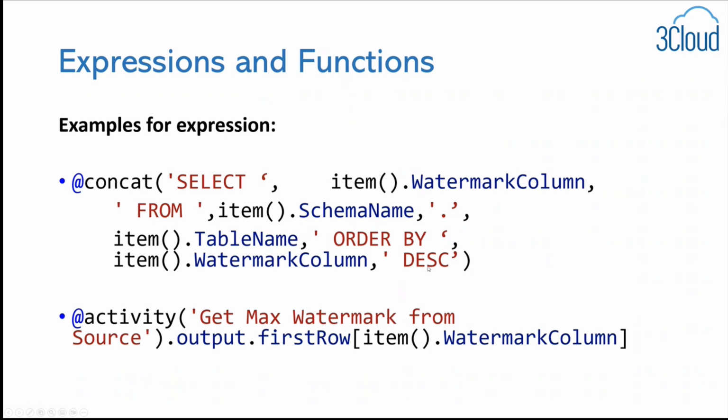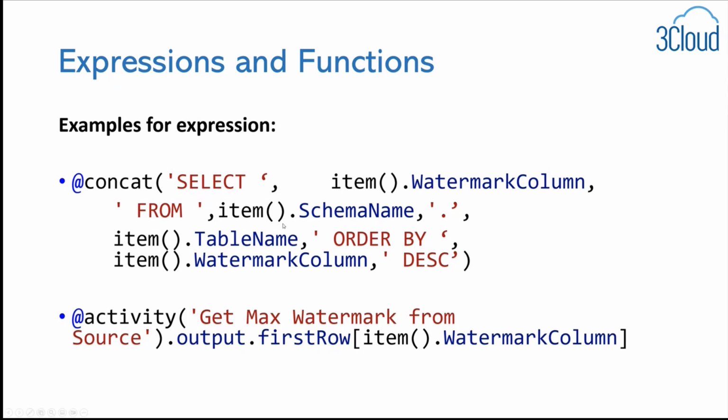And this select statement is going to pass into the activity. So the activity knows, oh, now I probably need to run this on the source system first, and then grab the result of that into the copy activity to actually do the copy.